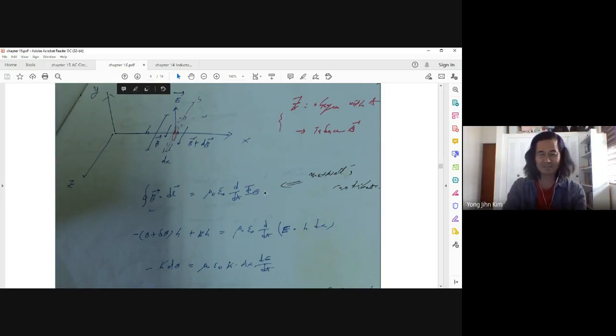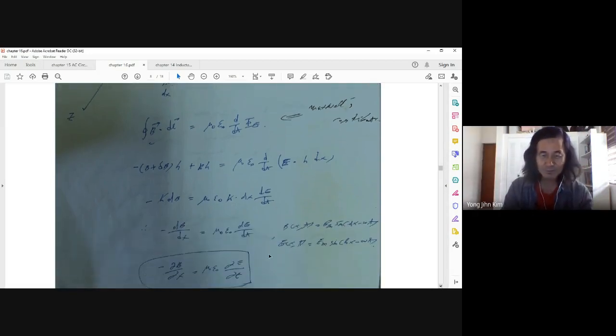Okay, then electric flux through this strip is electric field times area. Electric field times area, that is h dx. Now h is cancelled. So we find minus dB over dx. I move this one to here.